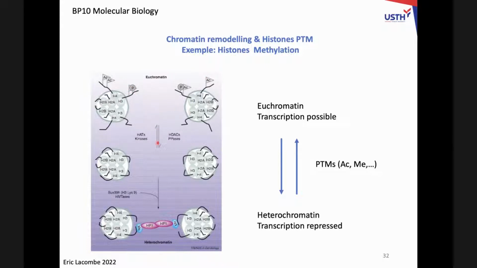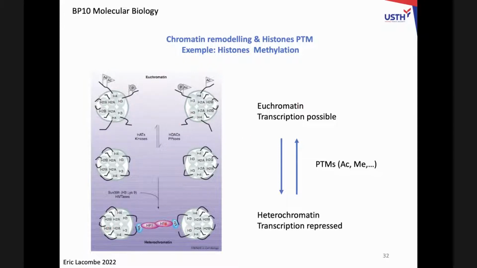The opposite reaction, removing the acetyl, is catalyzed by histone deacetylase complexes, and removing the phosphate will be done by phosphatase. I just tell you because it's written there. So this reaction of writing the mark can be done in both ways: either you write the mark or you remove the mark. So these are writer complexes. All chromatin, specific chromatin marks, transcription possible.